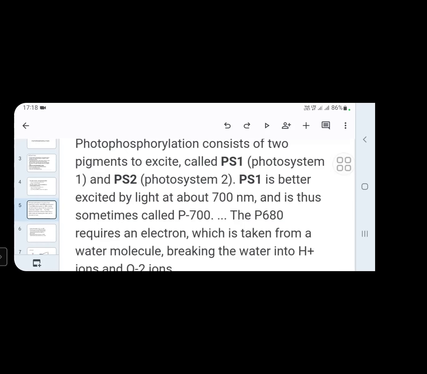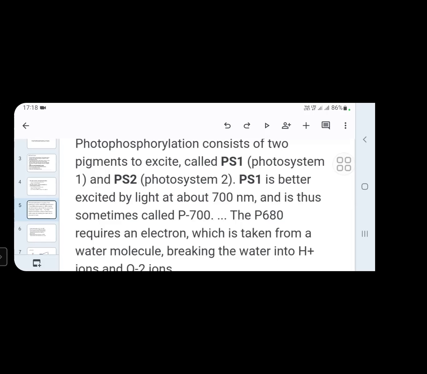PS1 is thus sometimes called the P700 reaction center. It includes chlorophyll A, a small amount of chlorophyll B, beta carotene and proteins.